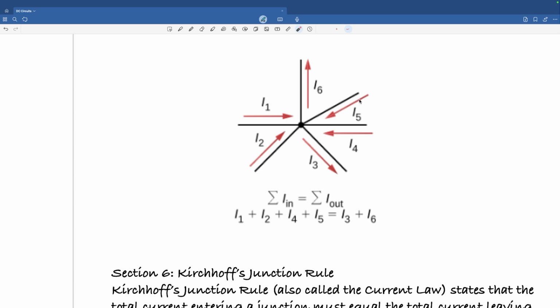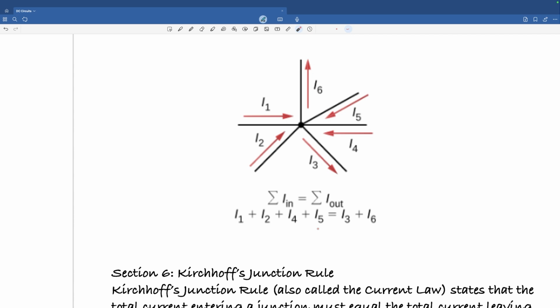As you can see, I5 and I4 are coming in, I6 is going out from the junction. Now, according to the junction rule, the total current coming in should be equal to the total current going out. That's what you see here. So you add all the currents coming in and set them equal to the currents going out.